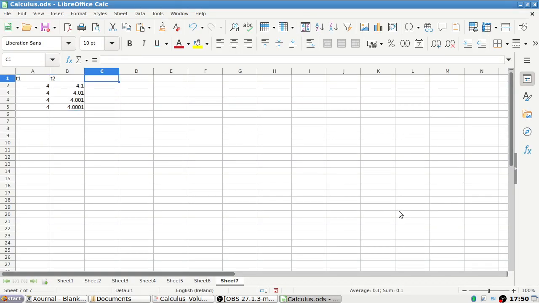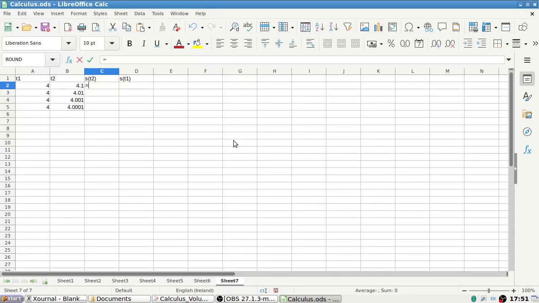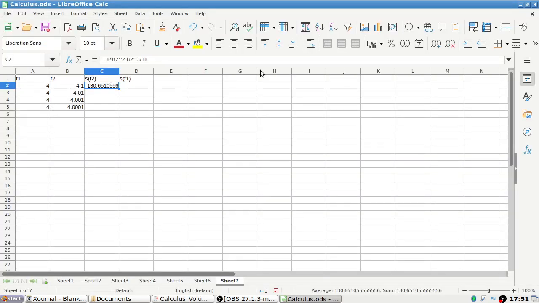And then we'll calculate S of t2, S of t1. So S is 8t squared minus t cubed over 16. So that's 8t squared minus t cubed over 16.